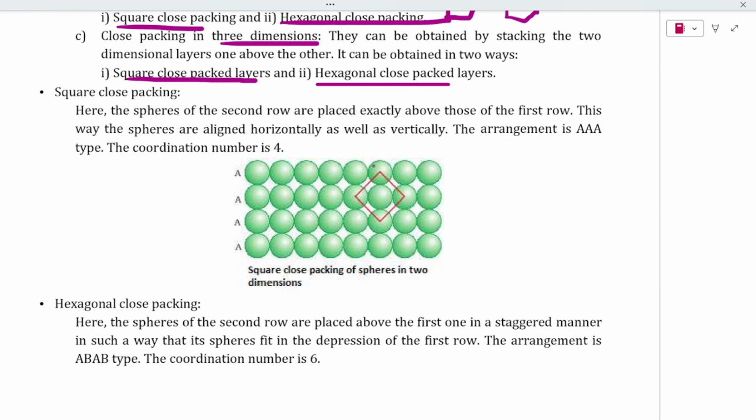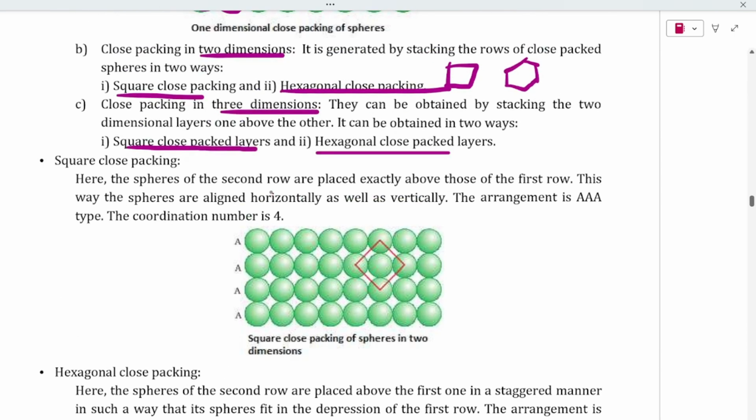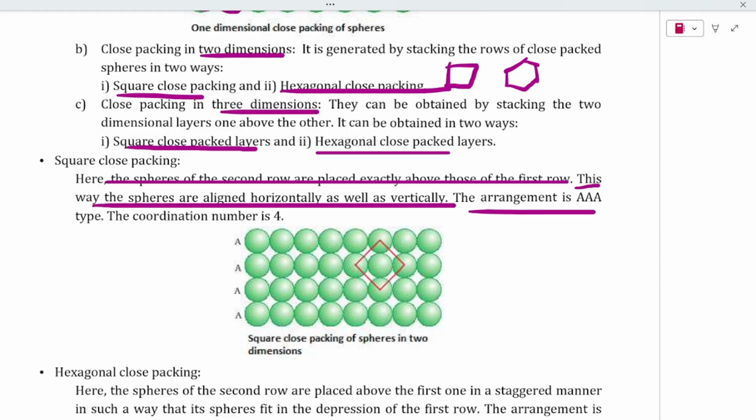If you see for 2 dimensions, see the example they have marked here. The square they have considered here. What they are trying to say is the spheres of the second row are placed exactly above the first row. This way the spheres are aligned horizontally as well as vertically. The coordination number is 4. See, nearest neighbors, 1, 2, 3 and 4.